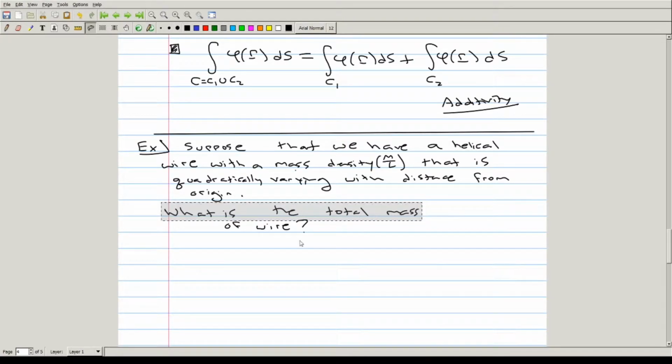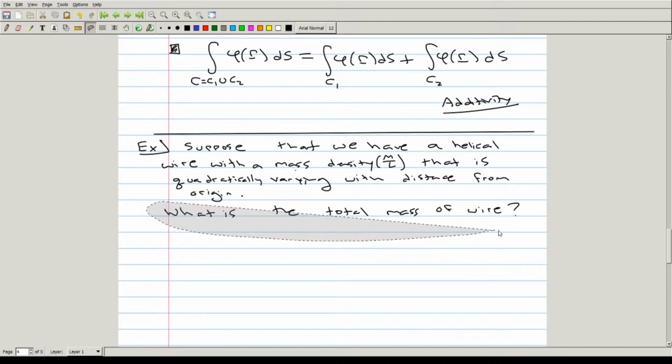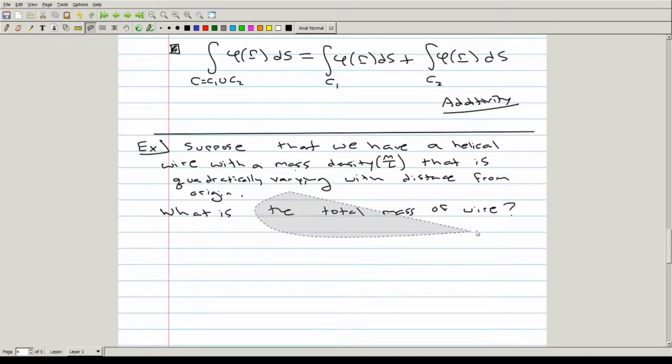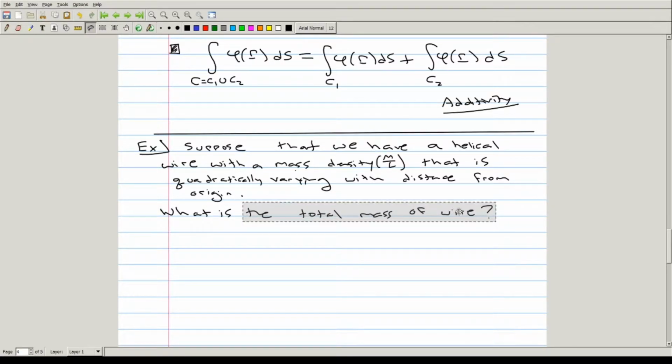And this is a great example because it takes an idea directly from physics and gives us a direct example of where this line integral comes up and why it's important physically to understand our interpretation of the line integral.